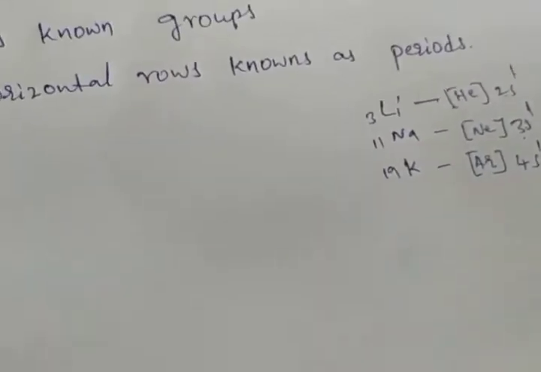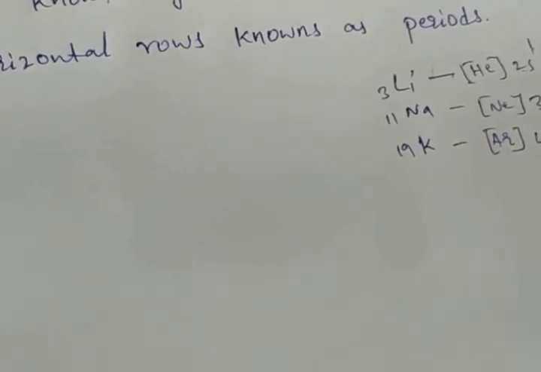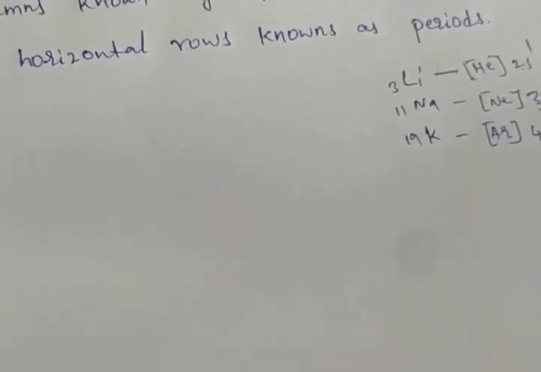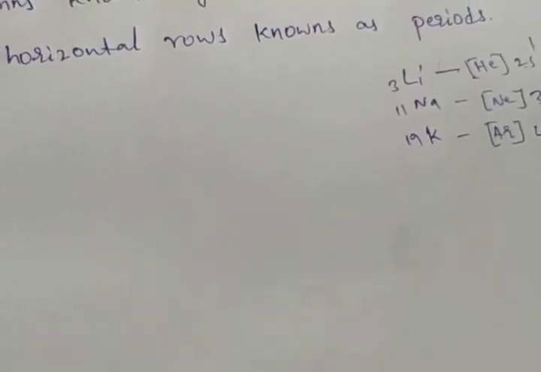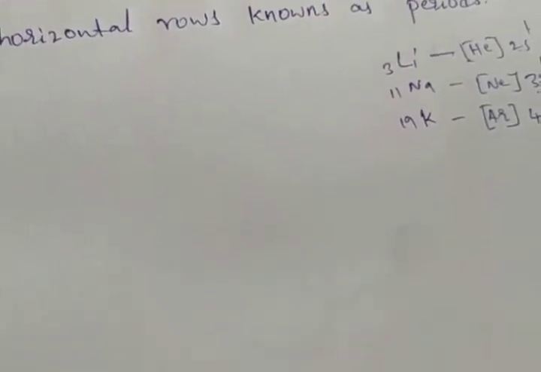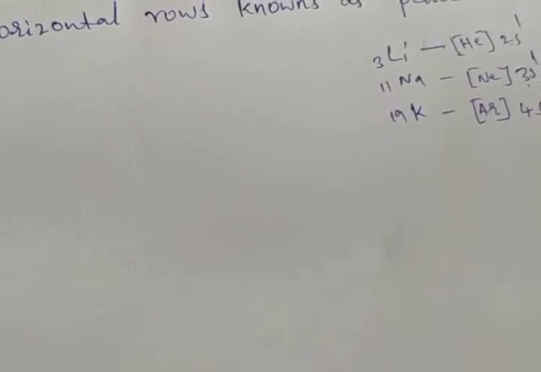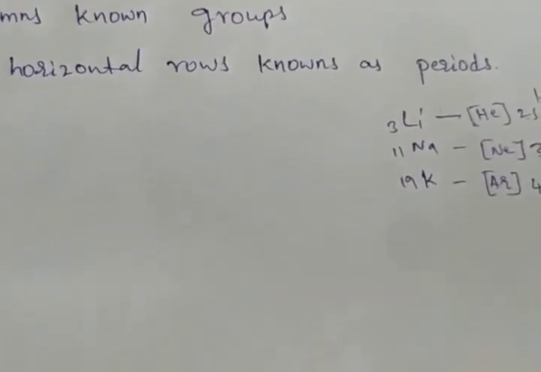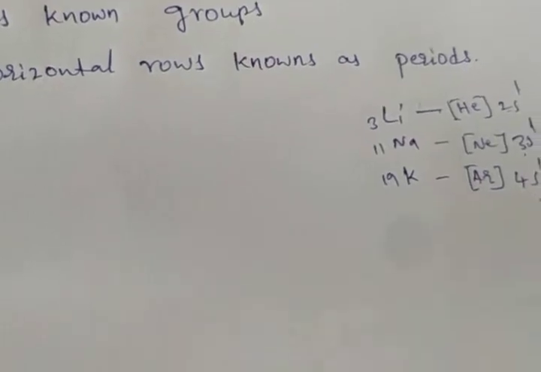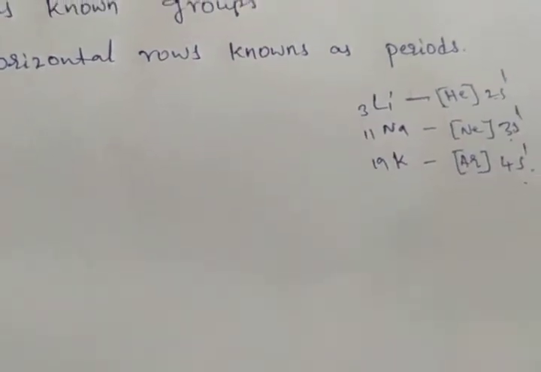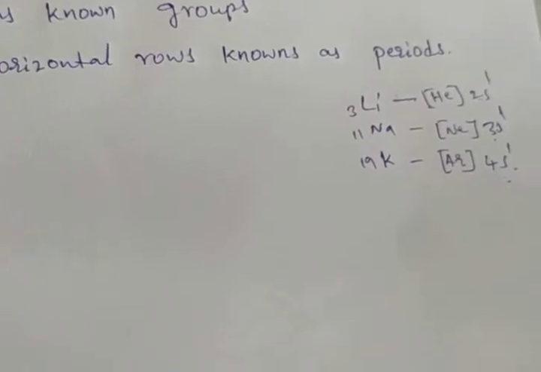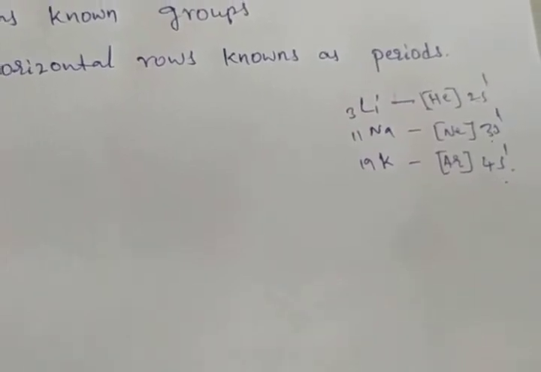You will find that all these elements contain the same number of valency electrons. Similarly, you will find that the elements present in any one group have the same number of valence electrons. Not only in the first group, you have to take the other groups also. Generally we call them first A, second A, third A. There are 18 groups: first, second, third, up to 14, 15, 16, 17, 18.